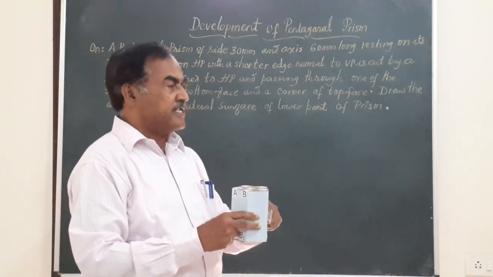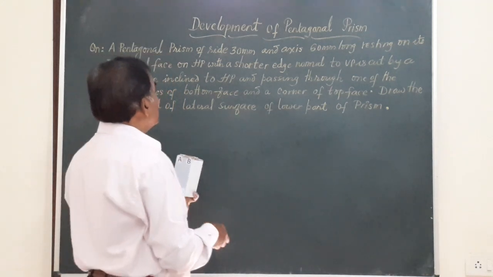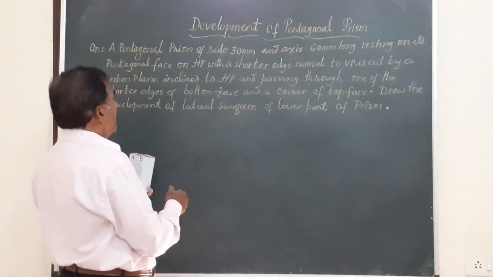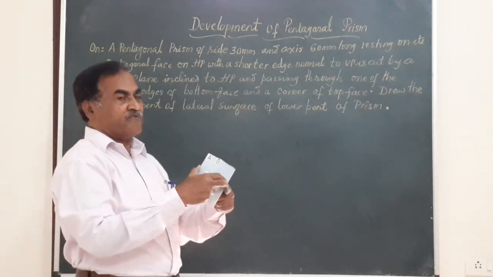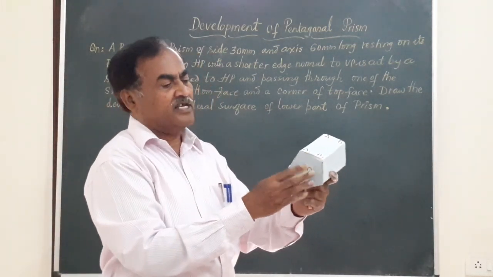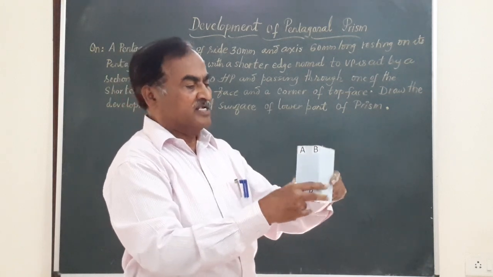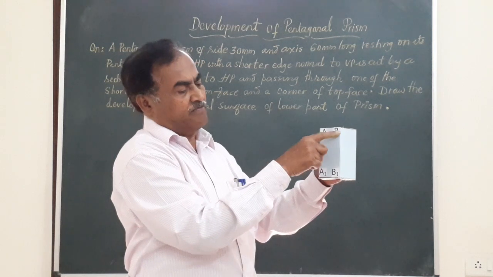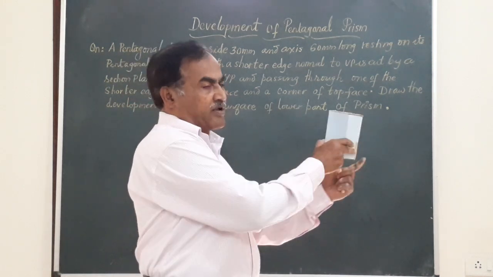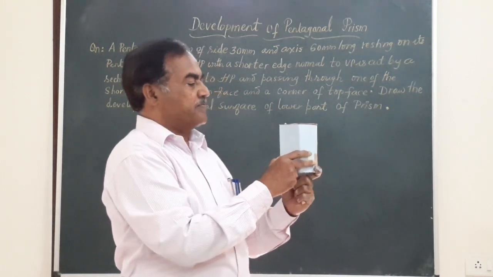So initially the prism is to be held on HP, or made to rest on HP, with one of the pentagonal faces, that is A, B, C, D, E, A1, B1, C1, D1, E1, such that one of the rectangular faces, say AB, B1, A1, is perpendicular to the VP.